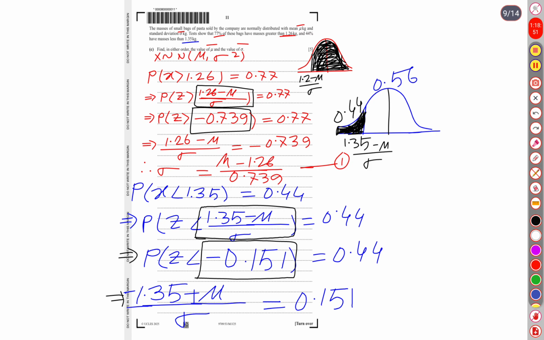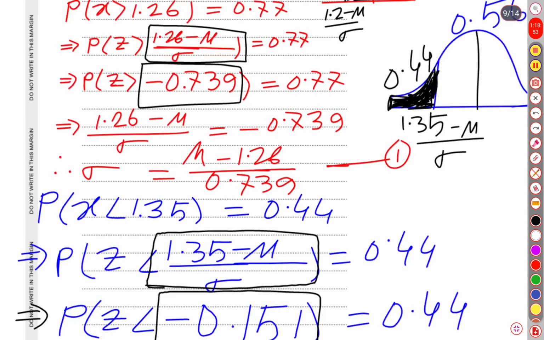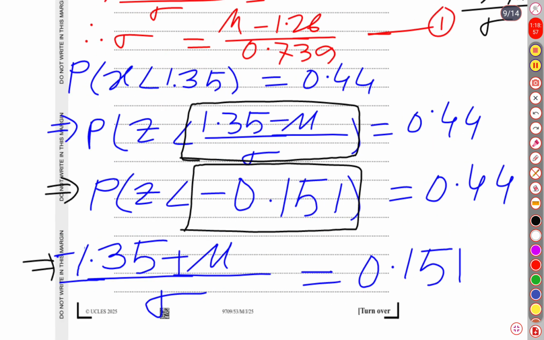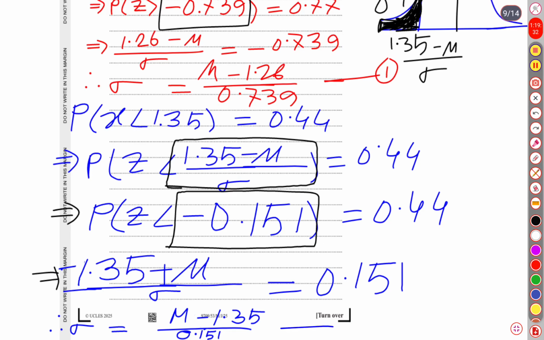If we isolate our sigma, then our sigma is going to be 1.35, sorry, mu plus 1.35 over 0.151, and that is equation number 2.